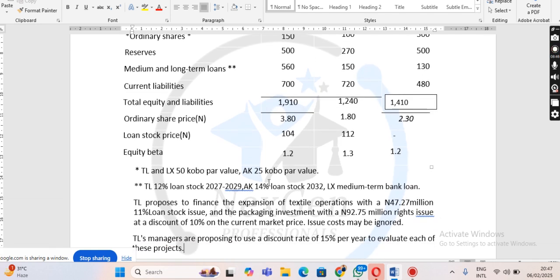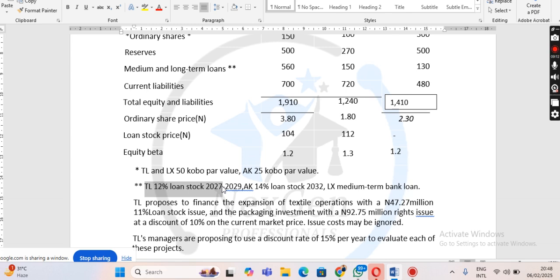Now, you can see that in this part, they say TL 12% loan stock. Class, TL has how many percent loan stock? 12%, right?